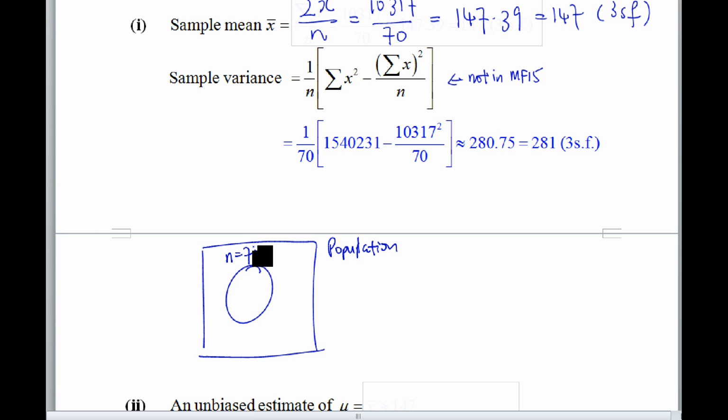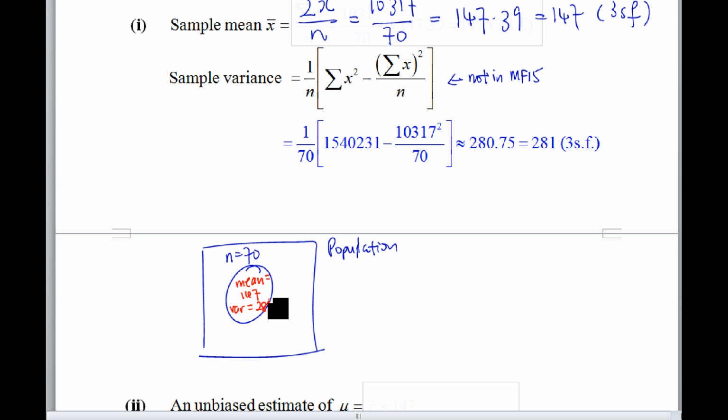What you have calculated is just now the mean of this 70 was mean equals to 147. Variance, sample variance was the 281.